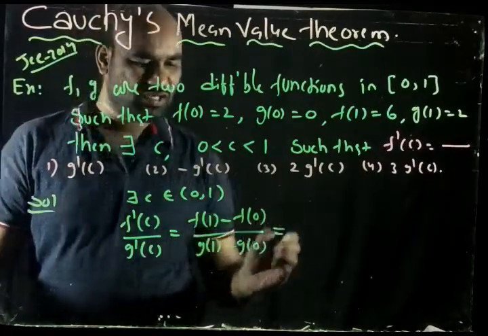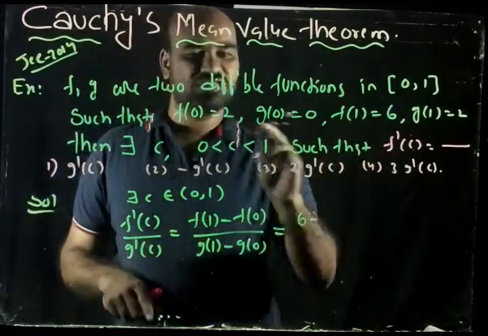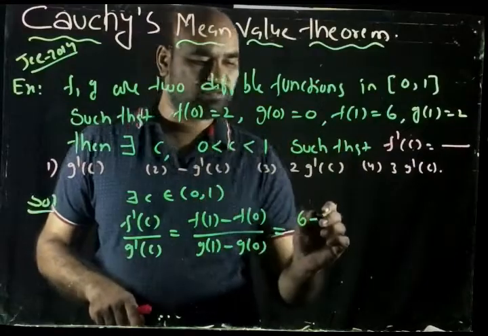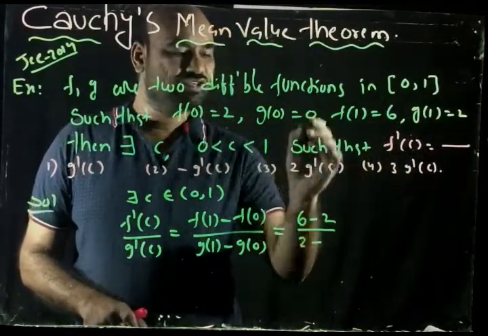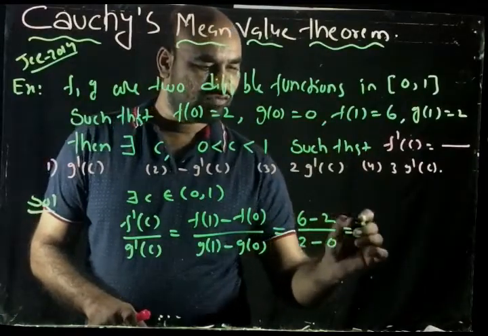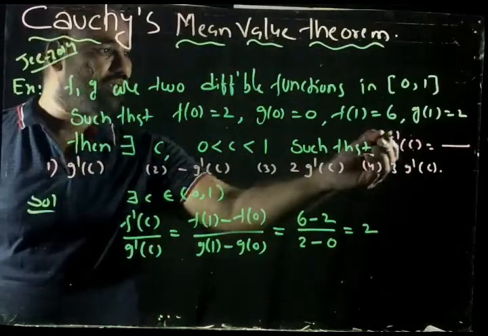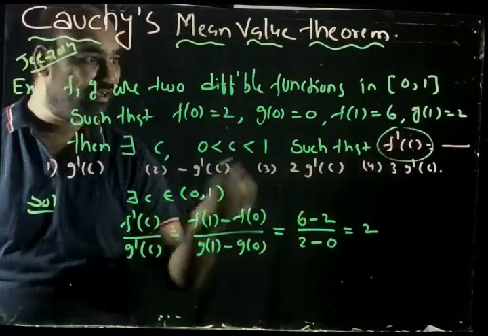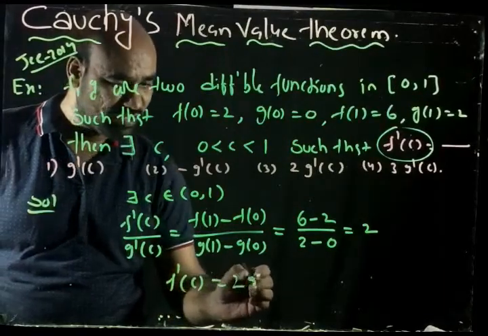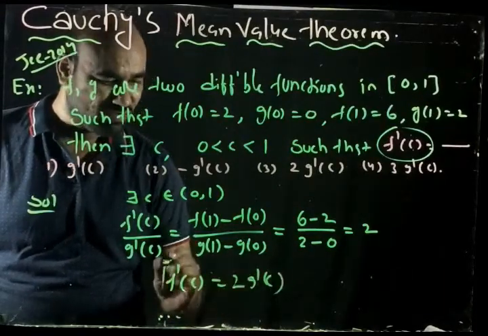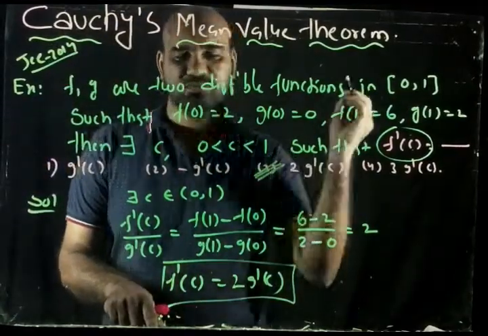Just substitutions only. f of 1 is given as 6, f of 0 is given as 2, g of 1 is given as 2, g of 0 is 0, that is equal to 4 by 2. So finally, what we want is g dash of c and f dash of c. So f dash of c equals 2 times g dash of c. So our option, I think 3, is the correct answer to the problem.